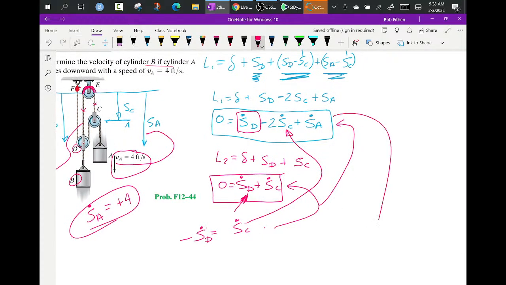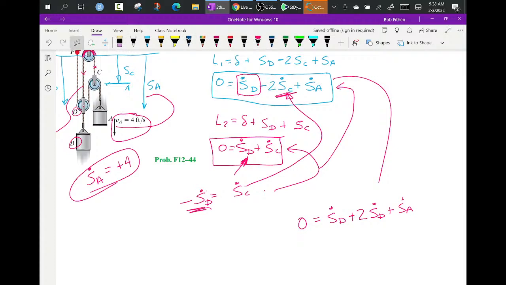So if I did that and rewrote the equation, I'd get 0 is equal to SD dot minus 2. Now instead of SC, you're putting in minus, which makes that a plus, 2SD plus SA. Now, that gives you those three.